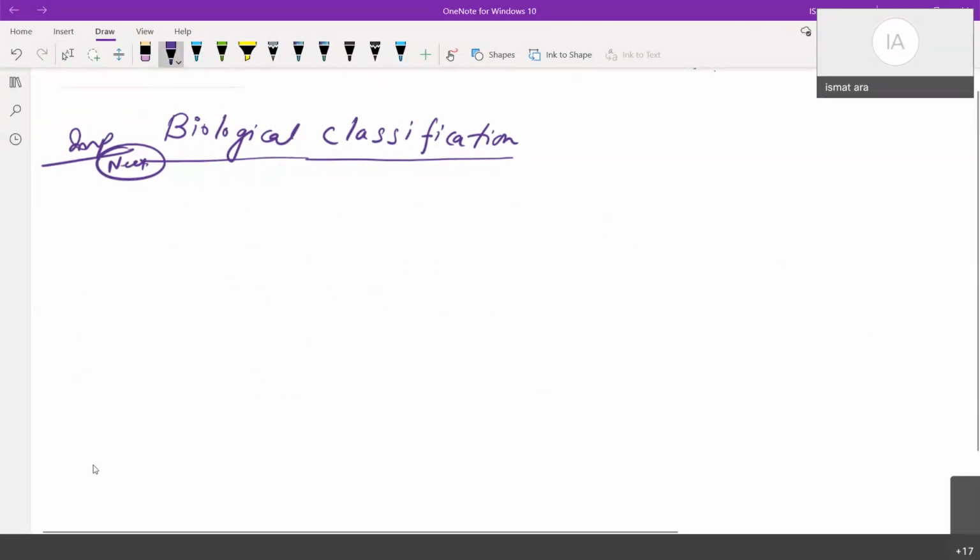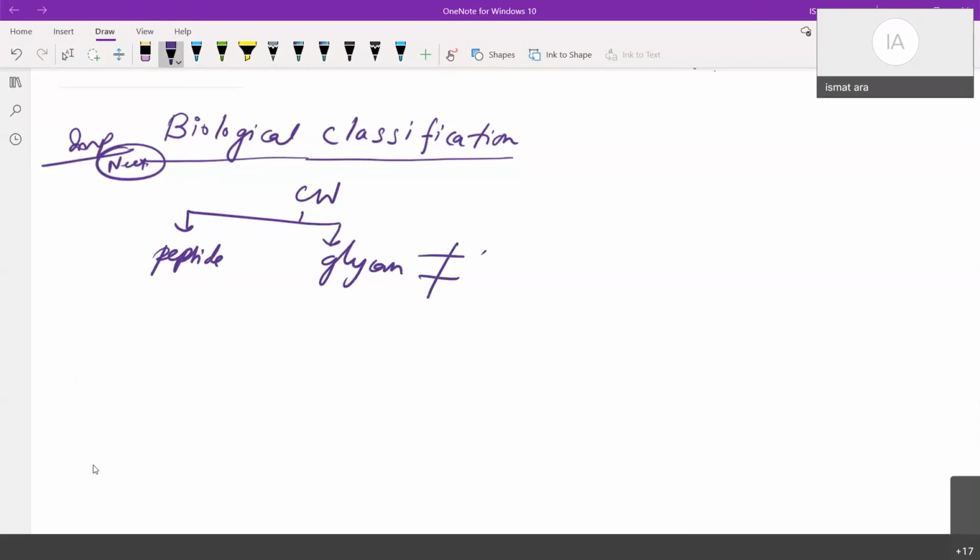But what are the amino acids which are present in the cell wall? So this is the cell wall, with peptide part and glycan part. Glycan I have already told you, that is NAG and NAM, N-acetyl glucosamine and N-acetyl muramic acid. Now in the peptide part, which are the amino acids?